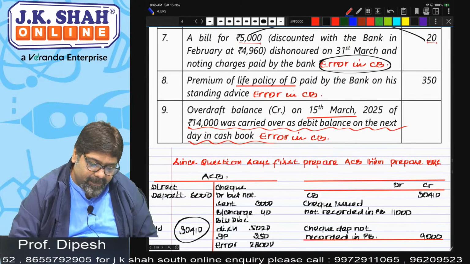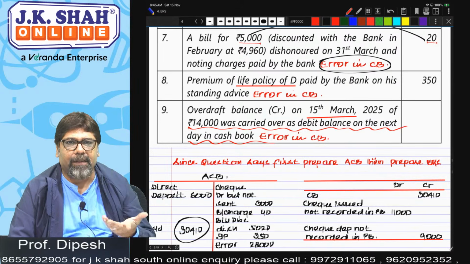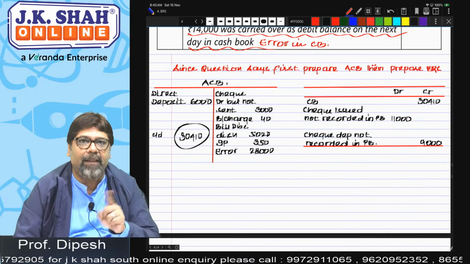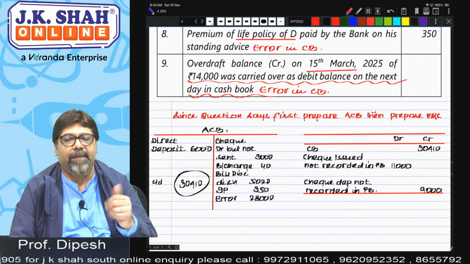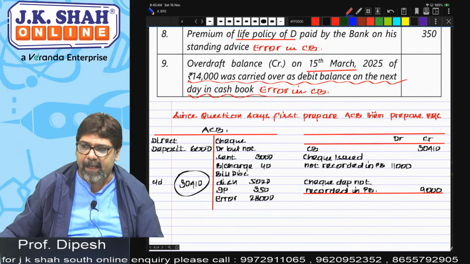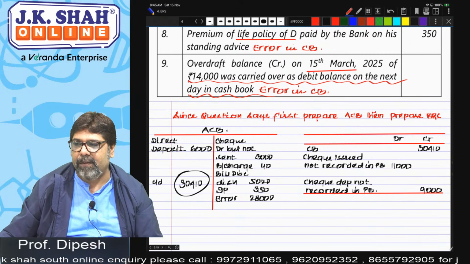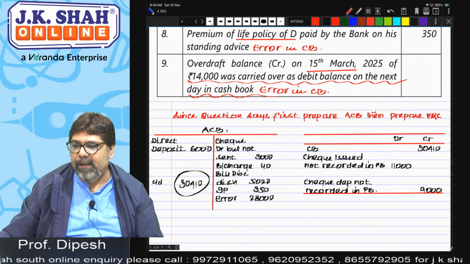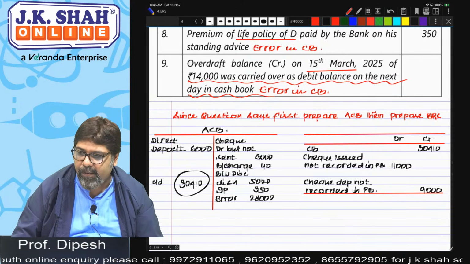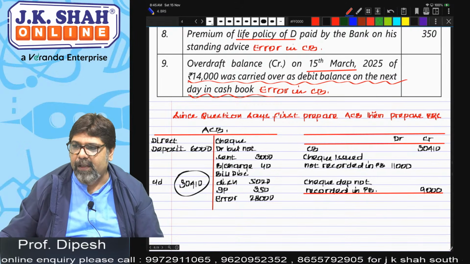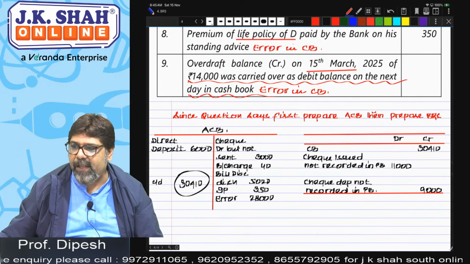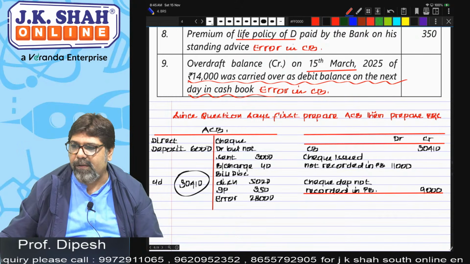So this balance was 15th of March's, no? This BRS is as on 31st of March. So why will we start with the 15th of March balance? Correct? Somebody had this doubt. Closing balance 30,410. Okay, very good.